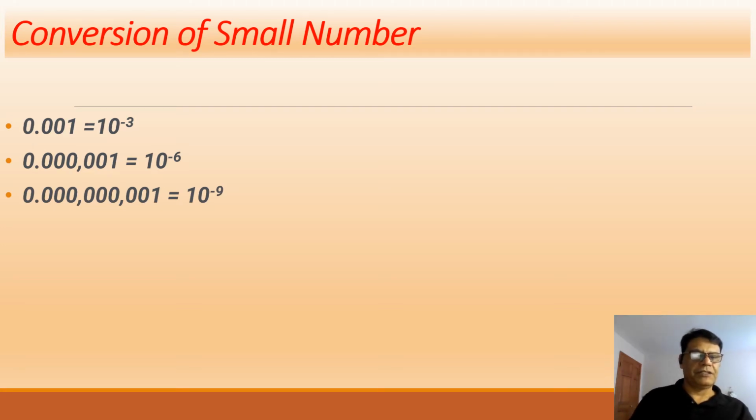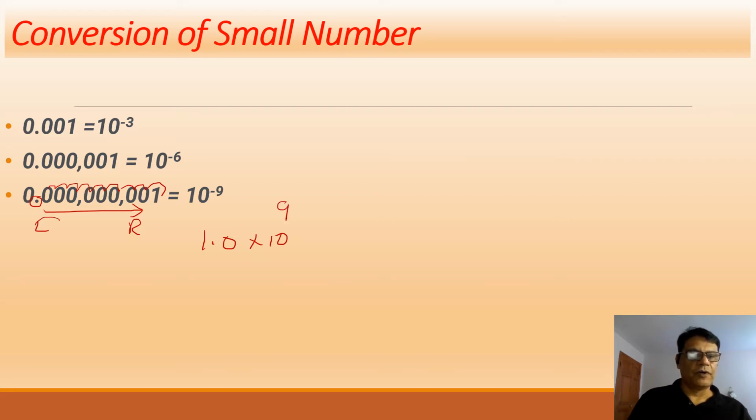Similarly, you can change this value the same way. You will move your decimal from left to right and put your decimal in front of 1 and count 1, 2, 3, 4, 5, 6, 7, 8, and 9. Multiply it with 10, and now the value of the exponent will be 9.